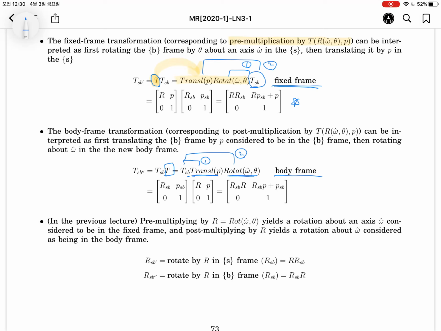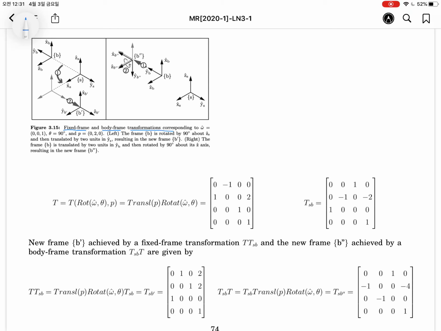Okay, let's take an example. Here, the fixed frame and the body frame transformation corresponds to this: the rotation axis is 0, 0, 1, the z axis. The rotation angle will be 90 degrees, and the translation is achieved in the Y direction, 2 units.